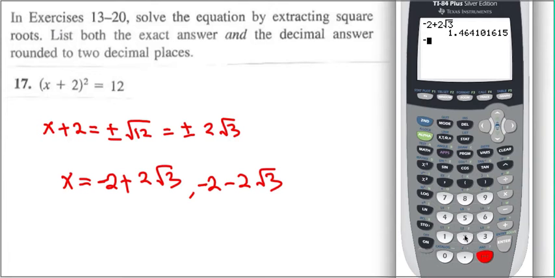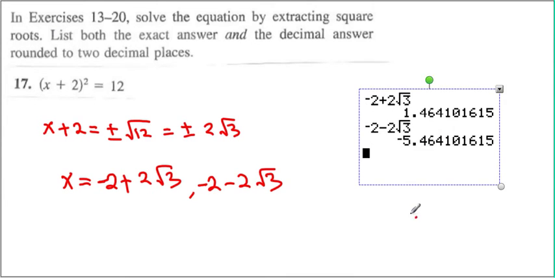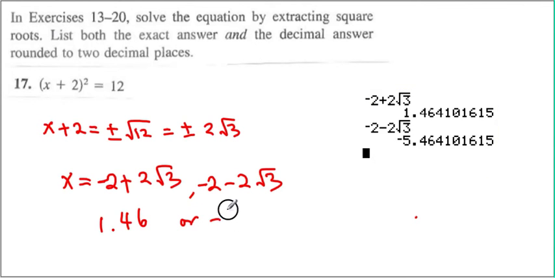And second, negative 2 minus 2 radical 3. And then they mentioned to round to 2 decimal places, so we end up getting 0.46 or negative 5.46. So those two become our answer.